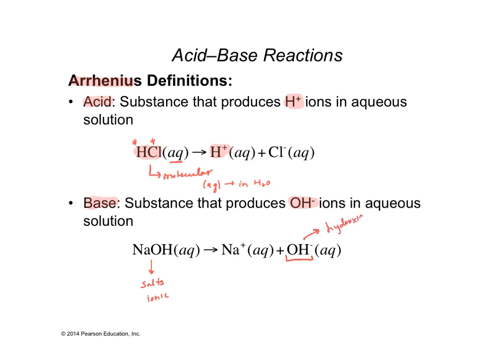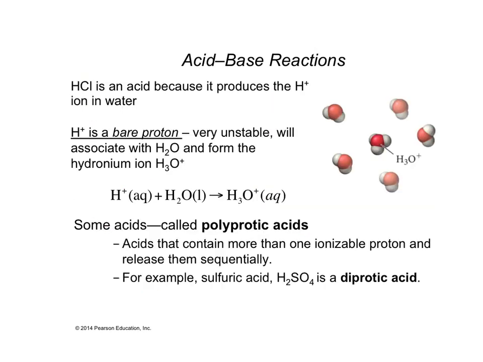So hydroxide is just a polyatomic ion. It's OH minus. And so the Arrhenius definition of a base is something that produces OH minus when you put it in water, and this tends to be from these metal salts, these metal hydroxides like sodium hydroxide, potassium hydroxide, etc. Okay, so acid produces H plus, base produces OH minus.